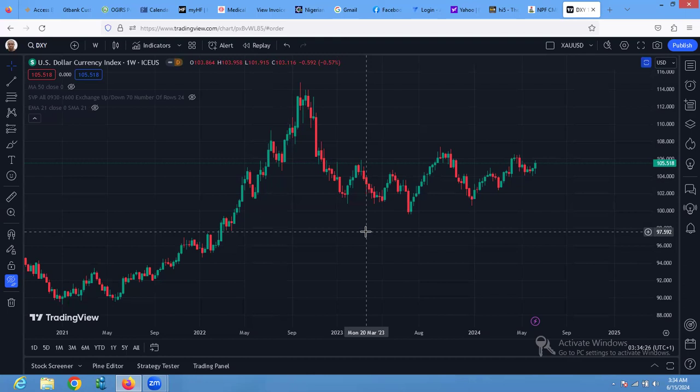Then you learn about price action at a particular support and resistance. You learn about price action and candle formation. You talk about pin bar, you talk about engulfing candle, and all what have you.